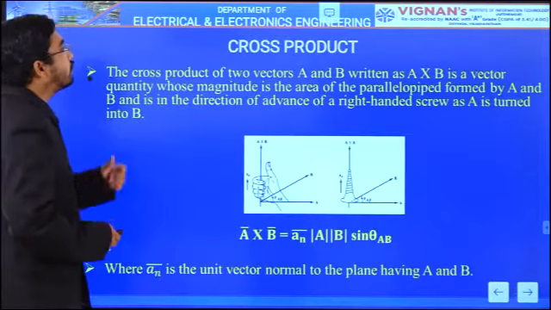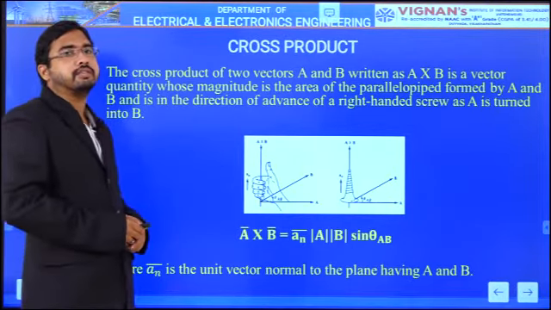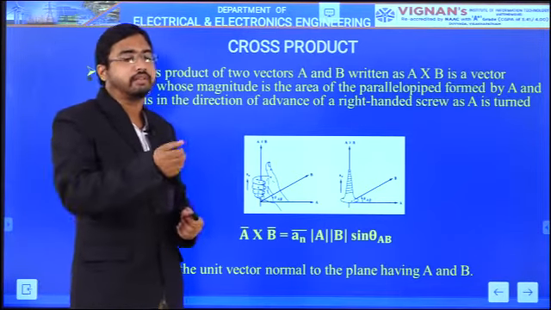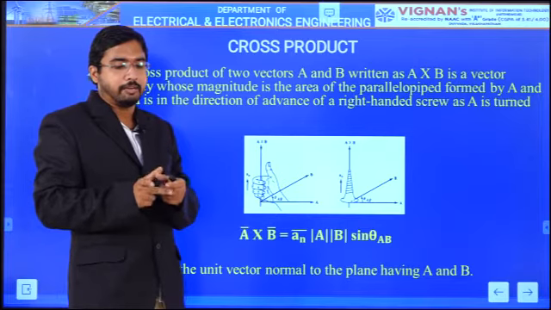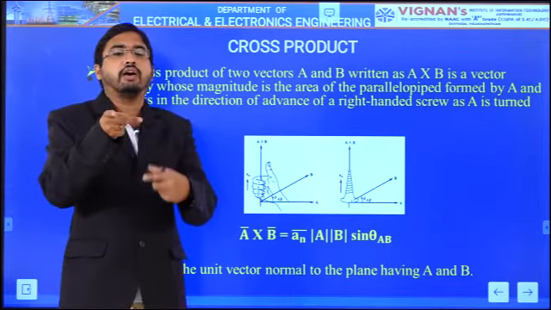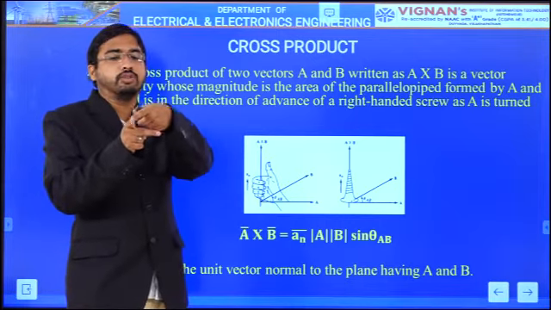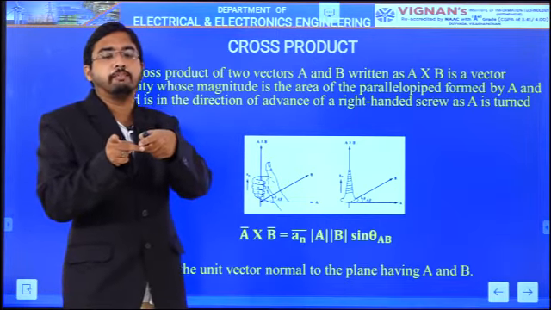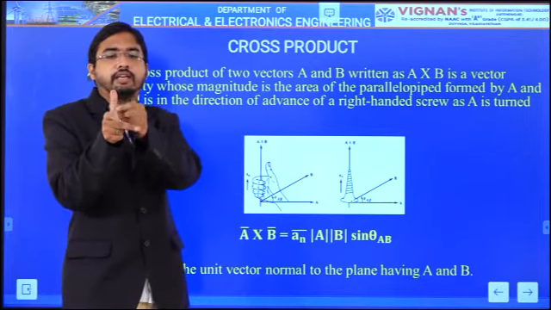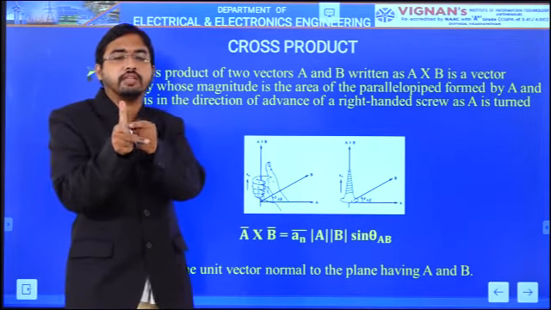Okay. So, how to express the cross product? Suppose there are two vectors A bar and B bar in the xy plane, this is A and this is B. Now, the cross product of these two vectors A bar and B bar is given by the perpendicular vector. The vector which is perpendicular to this A bar and B bar plane is the cross product.